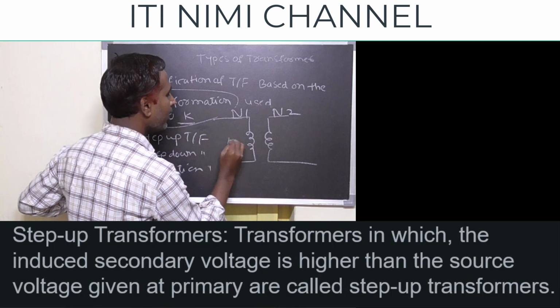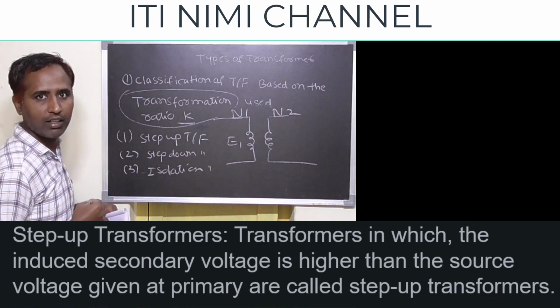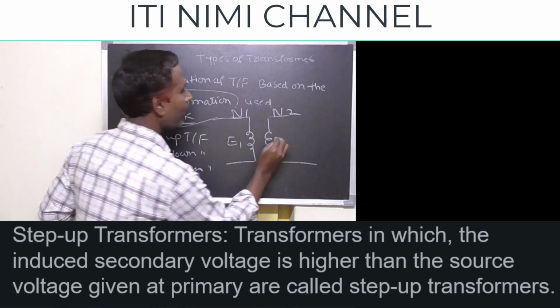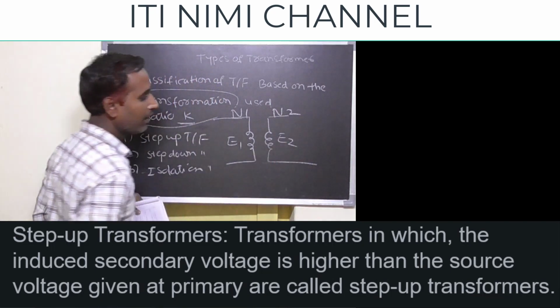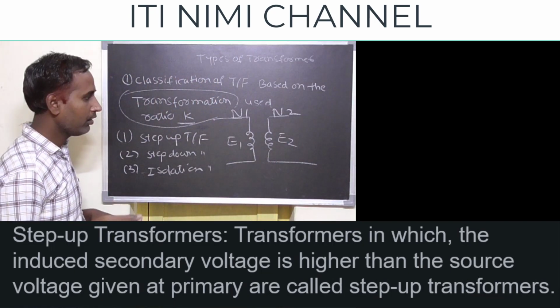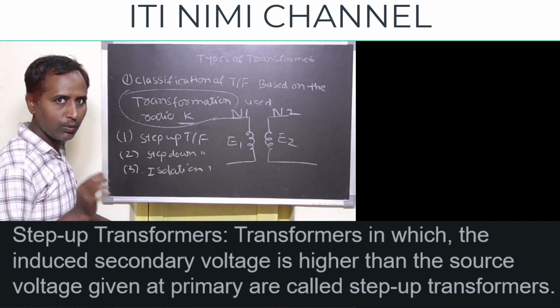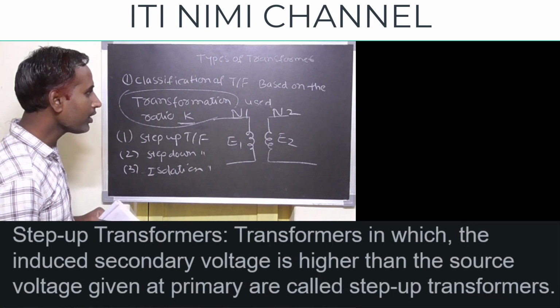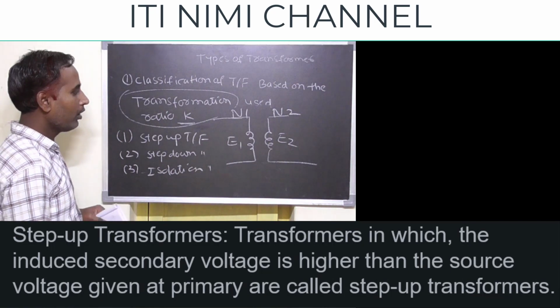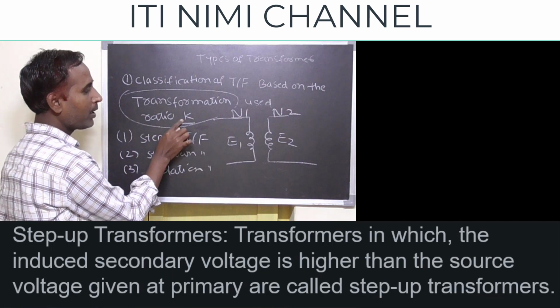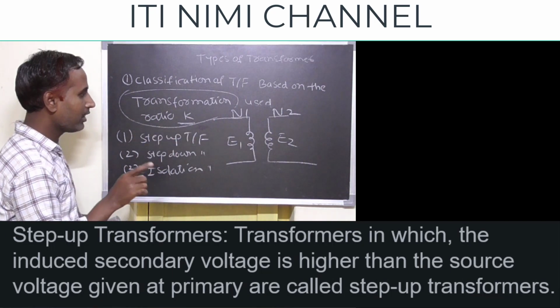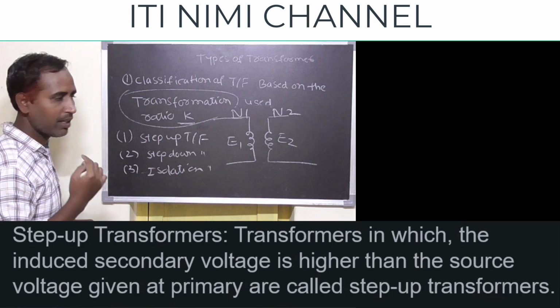The voltage induced in the primary winding is called E1. The voltage induced in the secondary winding we say secondary induced voltage. So on the basis of transformer ratio, we decide whether this transformer is a step up transformer or step down transformer.